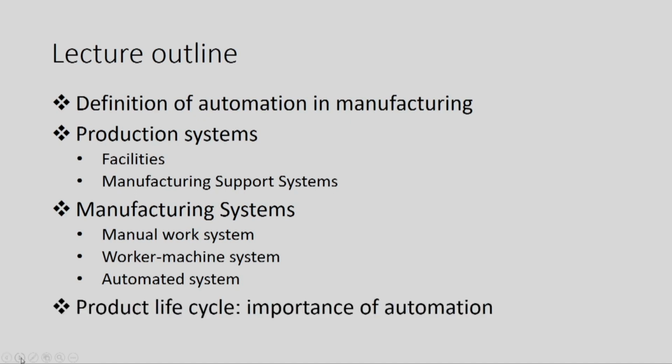Then we will be studying an important concept, that is a product life cycle and the importance of automation in the product life cycle. Let us begin the content of this course.